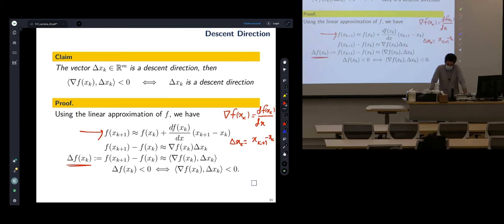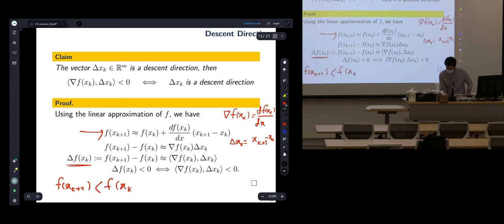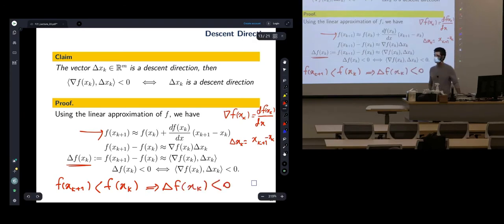So obviously, if I want my objective function to decrease, the delta f should be negative, right? Does that make sense? I want f of x k plus 1 to be less than f of xk, because I want to minimize it. So that means that delta f, if I subtract f of xk from both sides, should be negative.